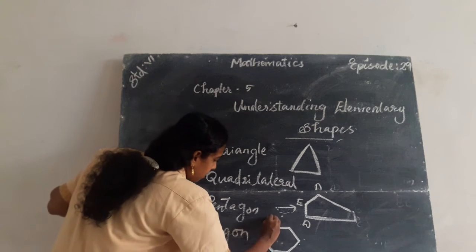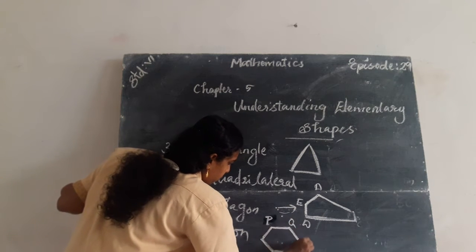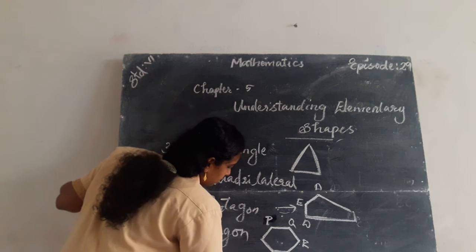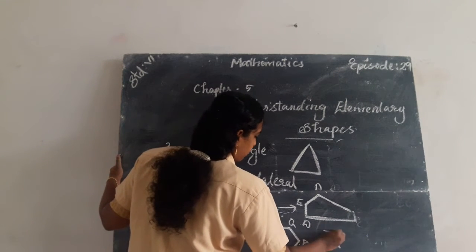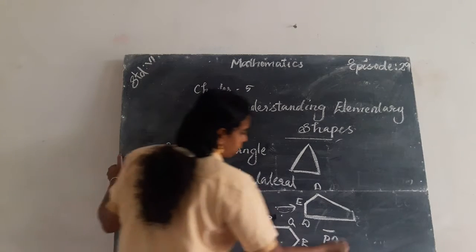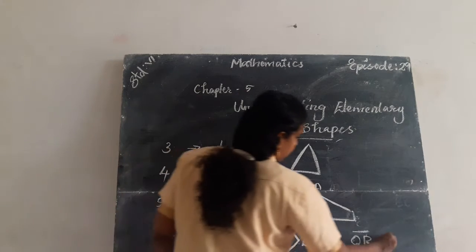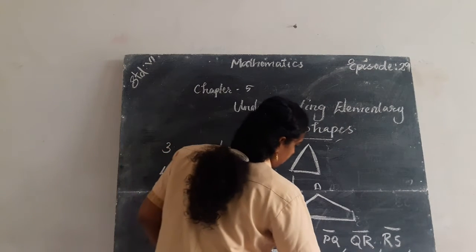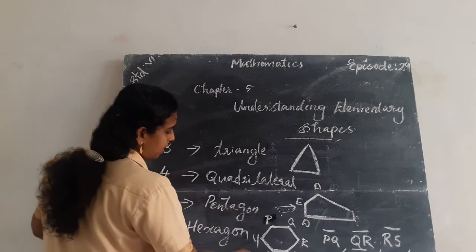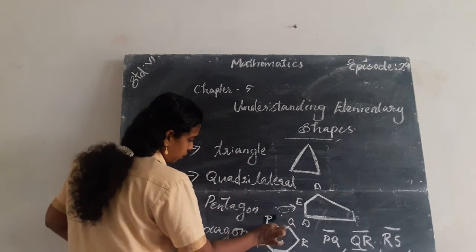If we name the vertices P, Q, R, S, T, U, then which are the sides? Line segment PQ, then line segment QR, line segment RS, then line segment ST, then line segment TU, then line segment UP.